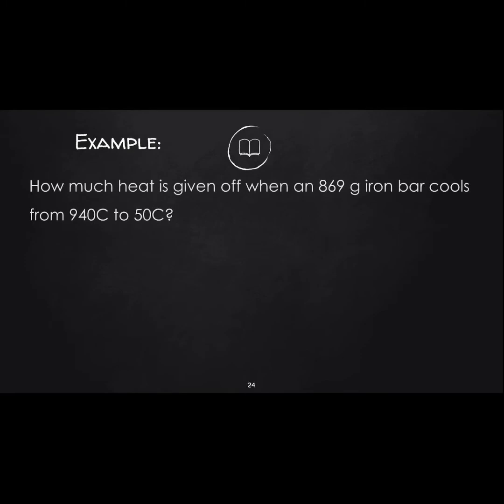So let's work on an example. This says, how much heat is given off when 869 grams of iron bar cools from 940 to 50 degrees Celsius? So we're going to use this equation. I know that my specific heat of iron is 0.444. That will be given to you on a test.